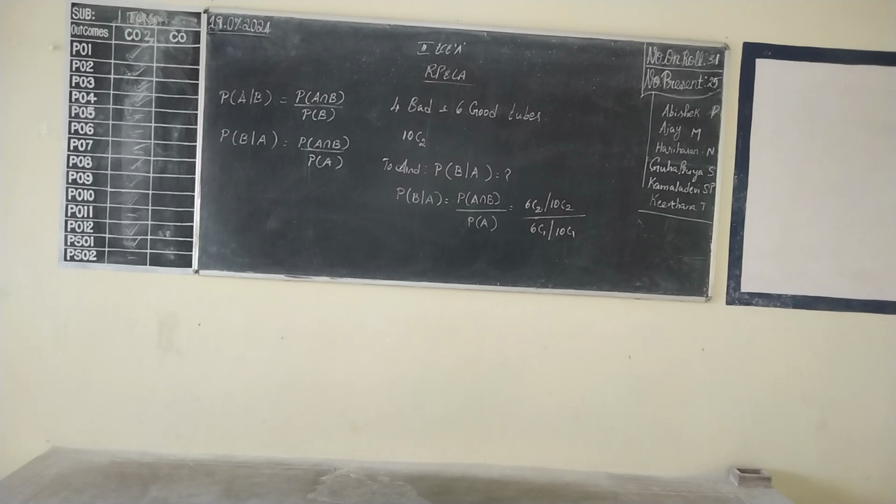Okay, what is given? The probability of high fidelity is given to be 0.81. What is the next information given? High fidelity and high selectivity both together is 0.18. See the book.